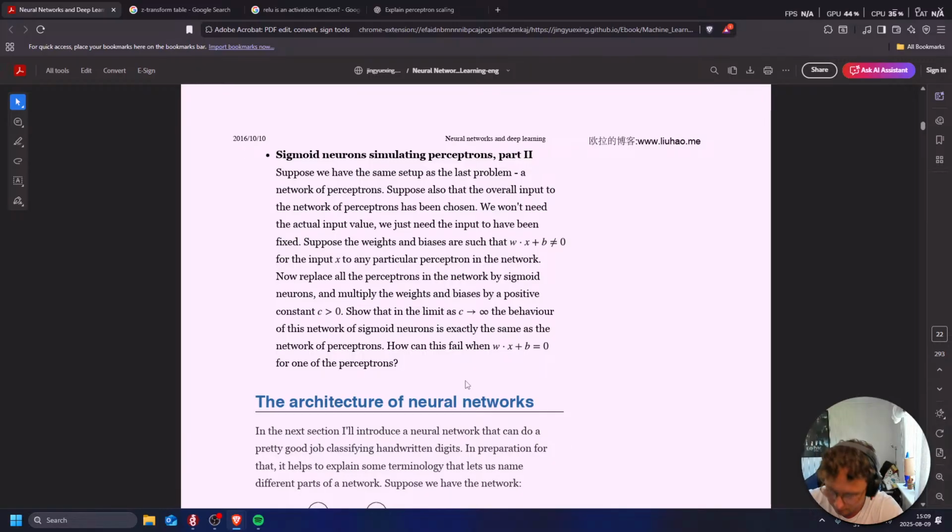We won't need the actual input value, we just need the input to be fixed, right?